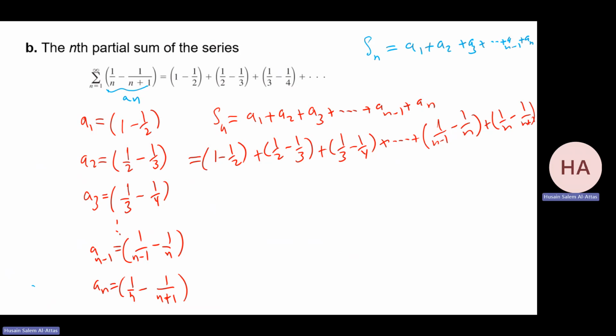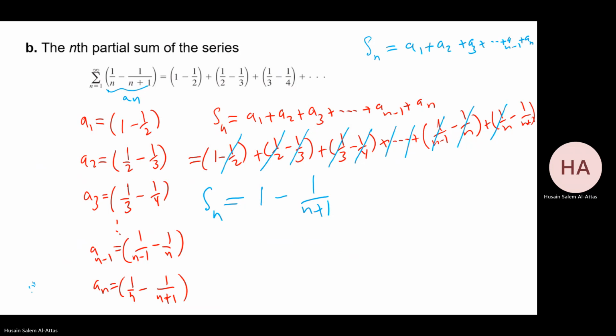Now we should notice the cancellation. This cancels with this. This cancels with this. This will cancel with someone here, and this will cancel with someone here. So what I have, Sn will be 1 minus 1 over n plus 1.